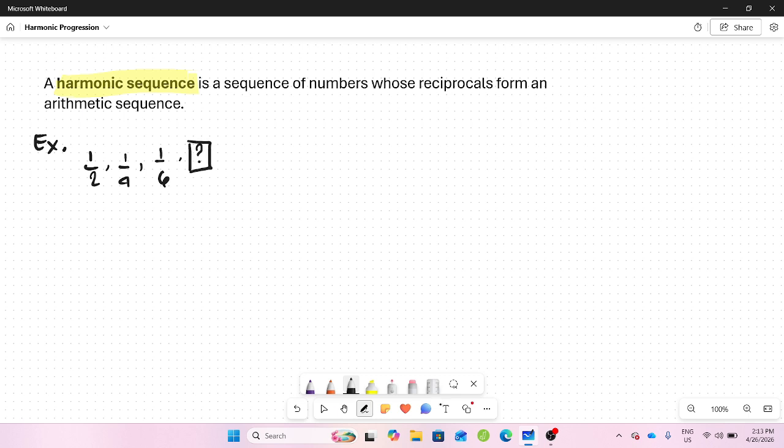Okay. So we defined earlier that a harmonic sequence is a sequence of numbers whose reciprocals form an arithmetic sequence.